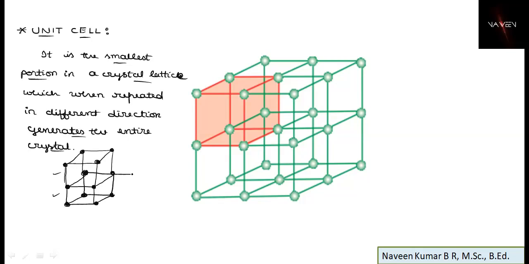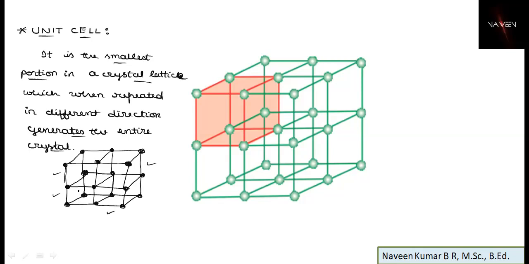The same you can extend towards its left hand side, right hand side, and in all the possible directions. Now I am representing one more here. Now this looks like one more unit cell which is extended towards this side. Similarly, we'll assume we are extending one more unit cell towards this side. Now this is one more unit cell.